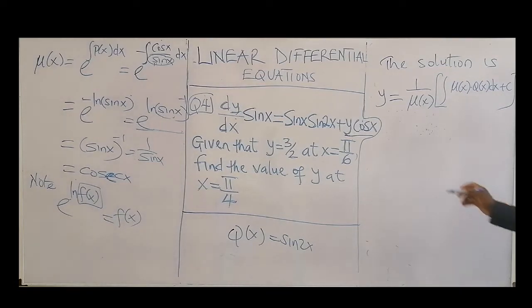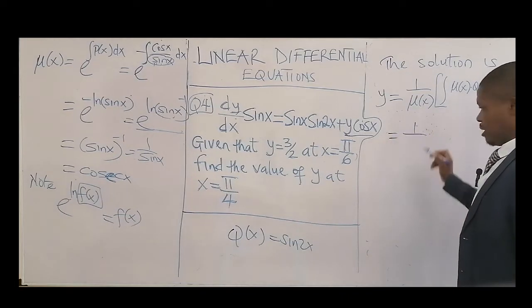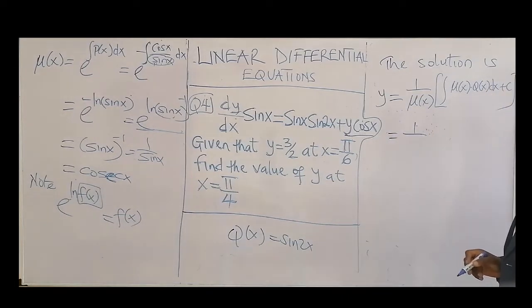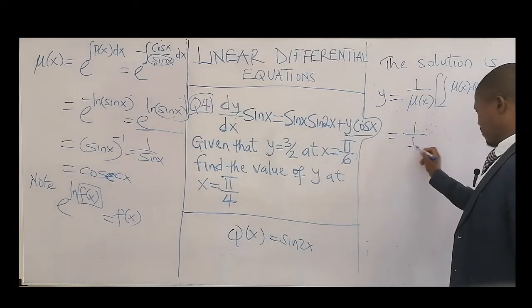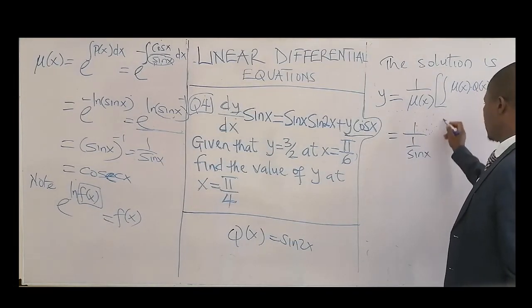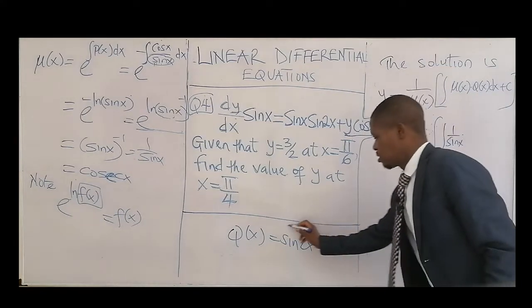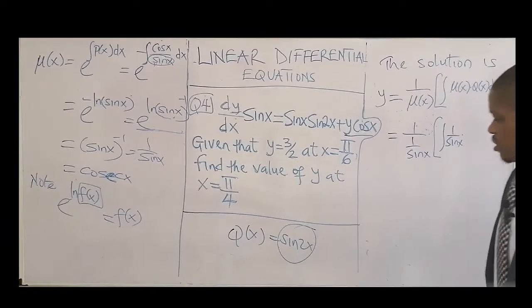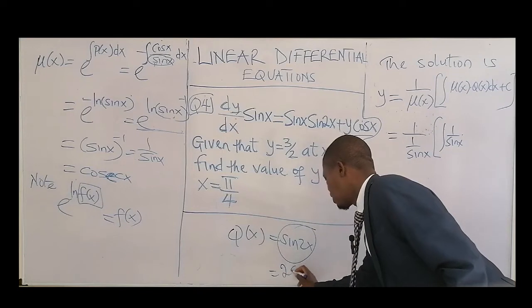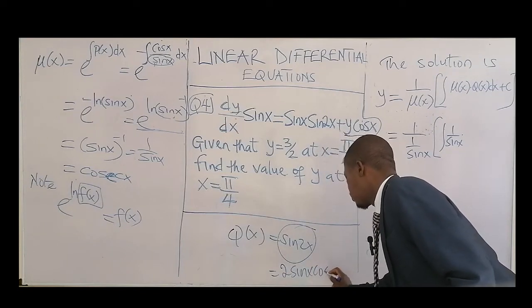Then let's make substitutions. So that will be equal to 1 over my integral factor. My integral factor is cosec, which is 1 over sine. Then integral 1 over sine times q of x. q of x is sine 2x, which is the same thing as 2 sine x cos x.